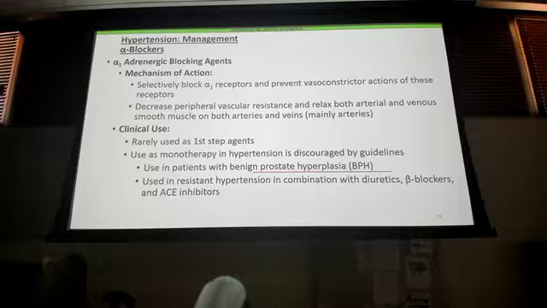But this can have blood pressure lowering effects, so you got to be careful because you don't want to lower the blood pressure of an elderly patient too far to the point where they're passing out, falling, and hitting their heads. So be careful about using these agents in patients with low blood pressure, or if they're on multiple agents already for blood pressure, just know that it's going to lower blood pressure as well.